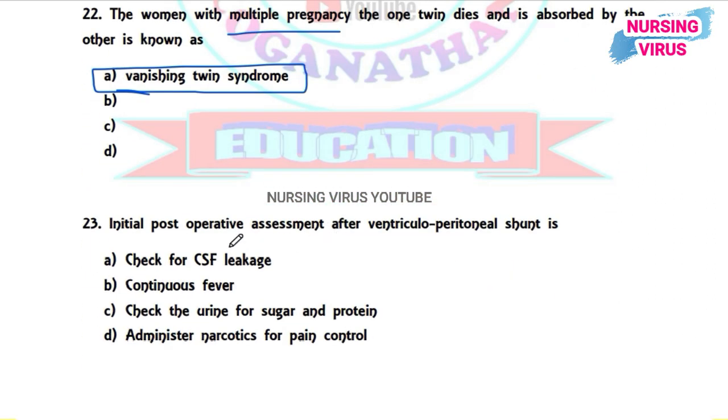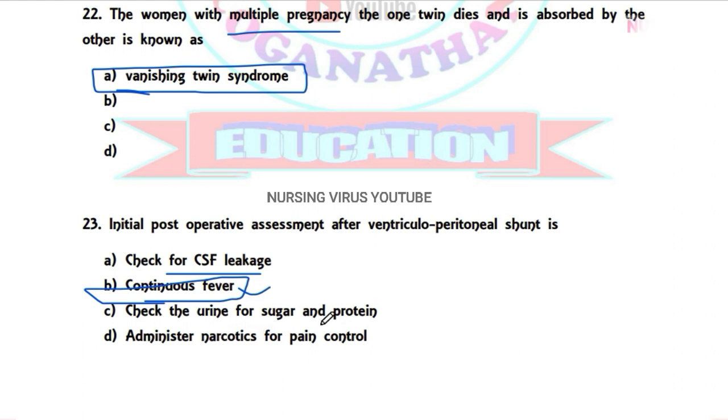So next one: the initial post-operative assessment after a ventricular peritoneal shunt is to check for CSF leakage, continuous fever, check the urine for sugar and protein, and administer narcotic for pain control. Actually, checking the CSF fluid is also necessary, and continuous fever is a highly noticed symptom for infection. Checking the urine for sugar and protein is less commonly done.